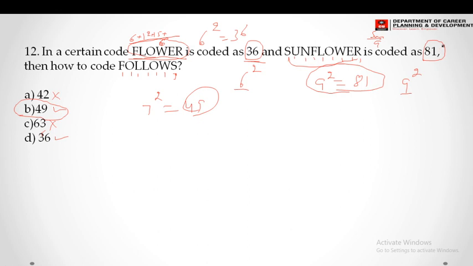An average cannot be 81, so this is not an average. And from the first question we found that this is not the sum. Sum is greater than 36. So they are not applying the method of sum, or the method of average. They are applying something else. So you have to look for some other method.